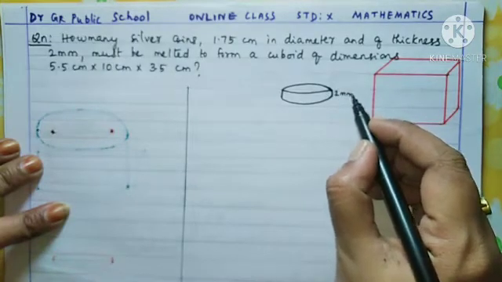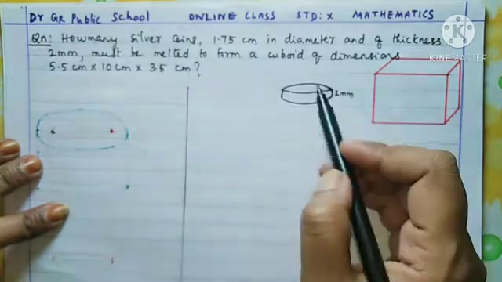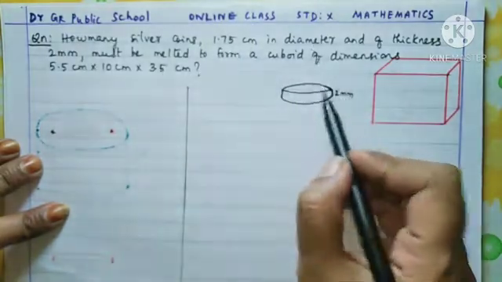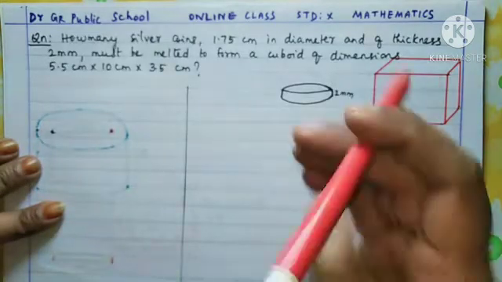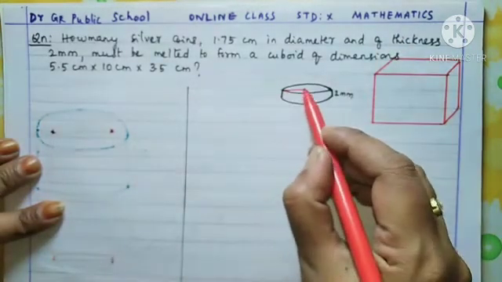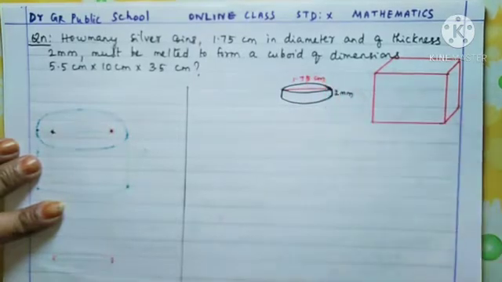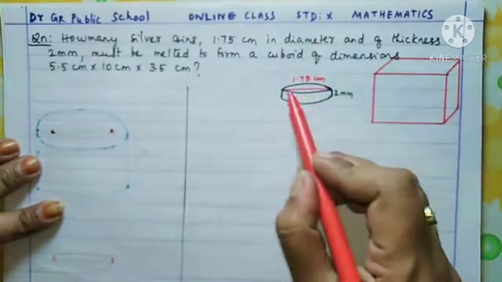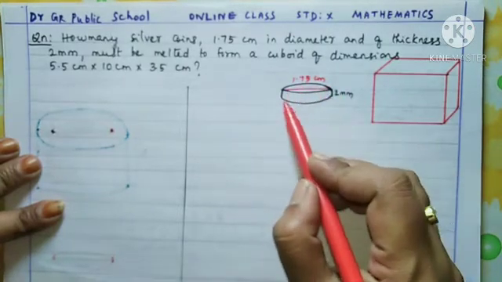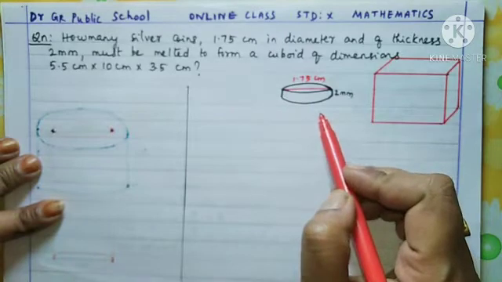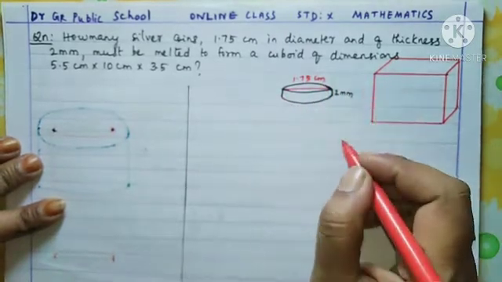The thickness of the coin is 2 millimeters, and the diameter of the circle is 1.75 centimeters. Okay, so when the diameter of the circle and the thickness are given, we can consider this coin as a cylinder.